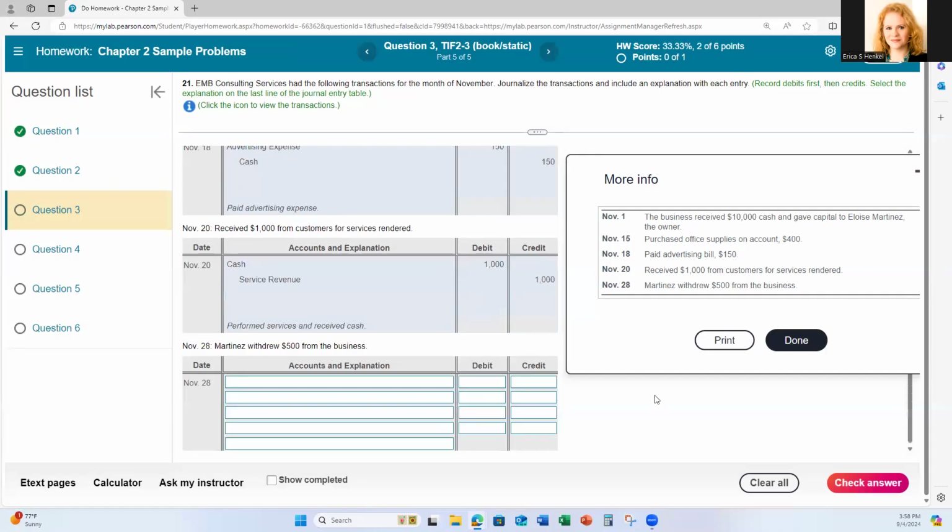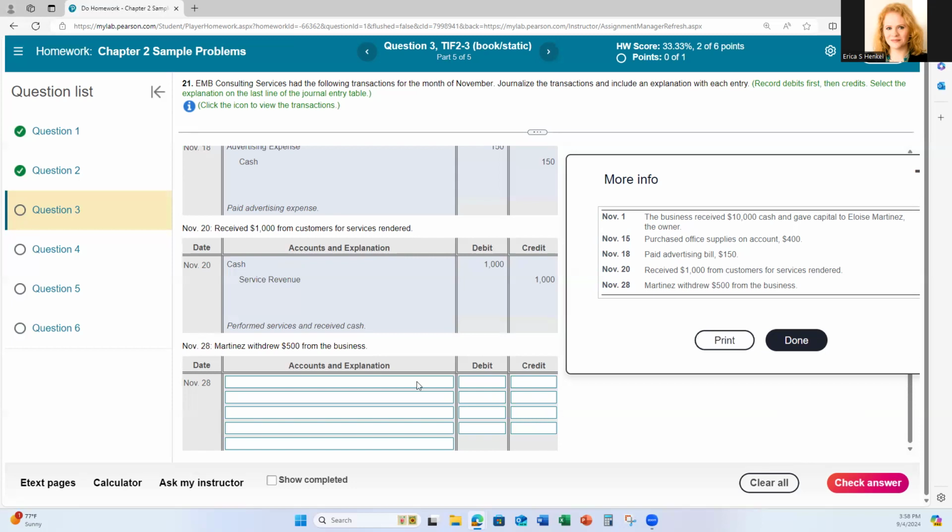All right, and then our last entry on this problem, and then I'm going to split this into two separate videos for everyone. Our last entry on this problem: Martinez withdrew $500 from the business. So that's going to be a decrease in equity, right? Equity increases with a credit and decreases with a debit.